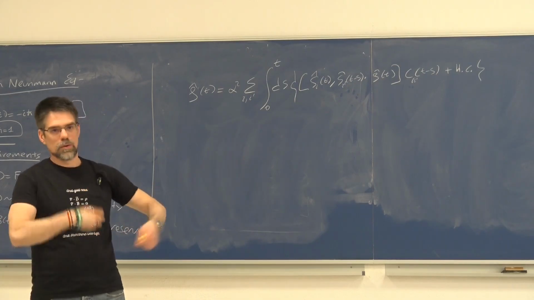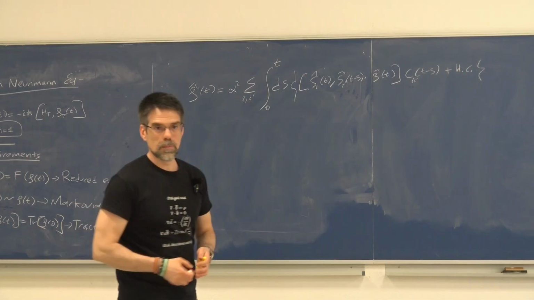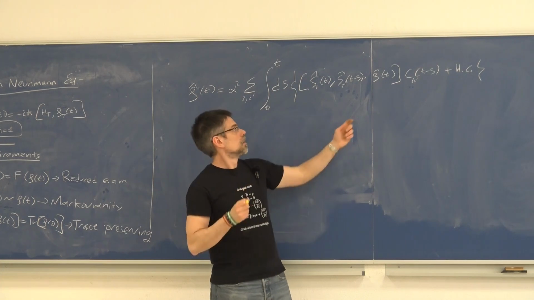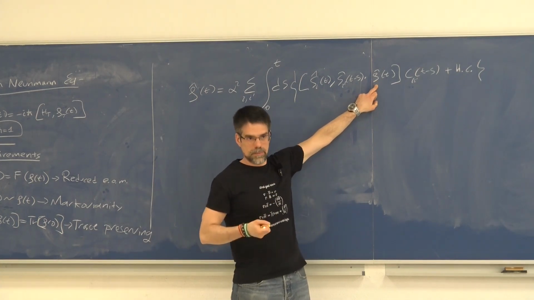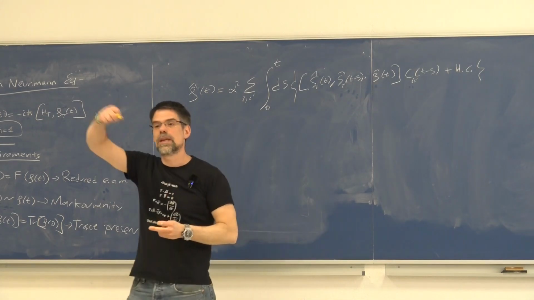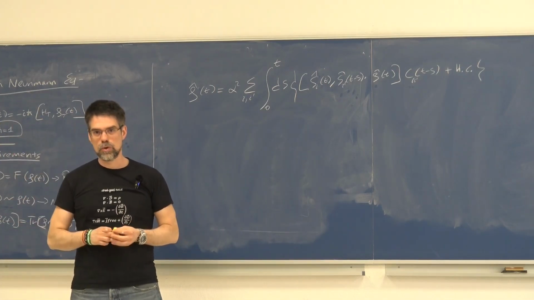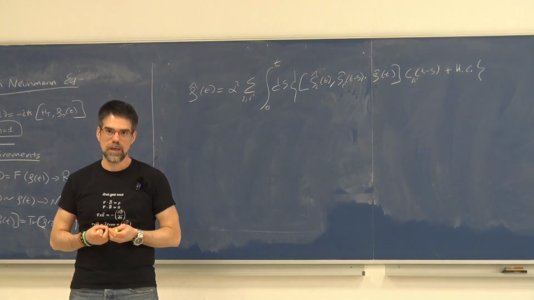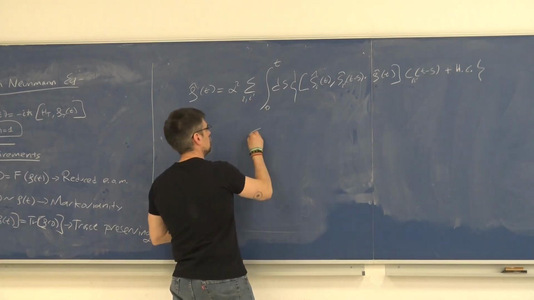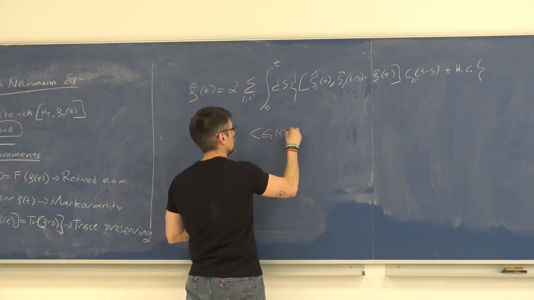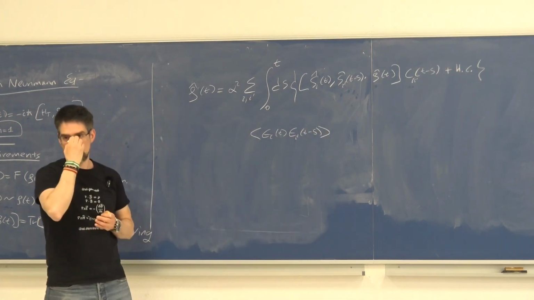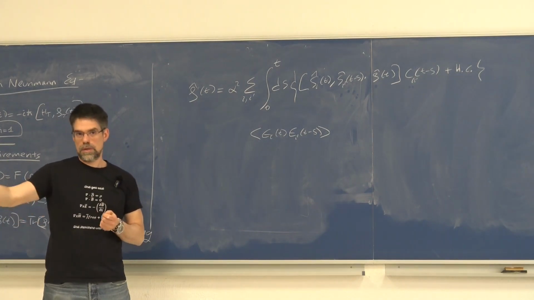We have done all this just algebra, playing around with things, but the original equation was not Markovian, and this is still not Markovian. Why? Because the state depends on t, but you have to integrate, because these are in the interaction picture, you have to integrate through the whole time. So to make it Markovian, we need to make another assumption. This assumption is about these expectation values that we have called C. These are correlations in the environment.